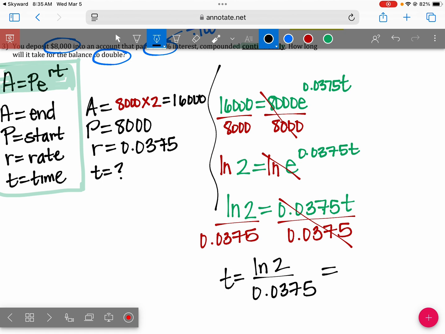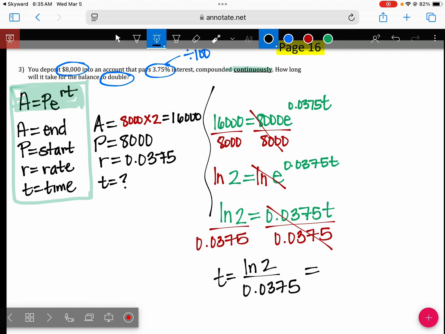So type that in your calculator and see what you get for T. And you should get about 18.5 years. Raise your hand if you got that. Anyone get that? Anybody need help typing it in?